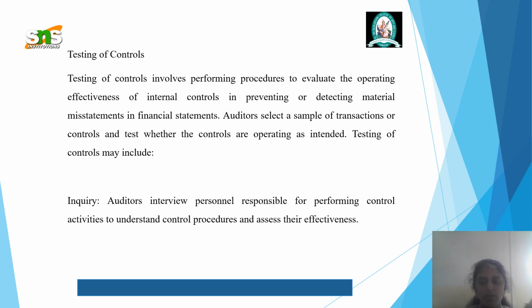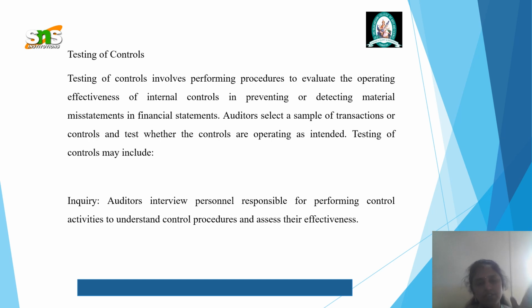Only for the purpose of identifying whether the financial statement is a valid one. So to evaluate the financial statement, the operating effectiveness of the internal control in preventing or detecting the material misstatements in financial statements can be done by way of testing of the controls. So the auditors select a sample of transactions or controls and test whether the controls are operating as intended.